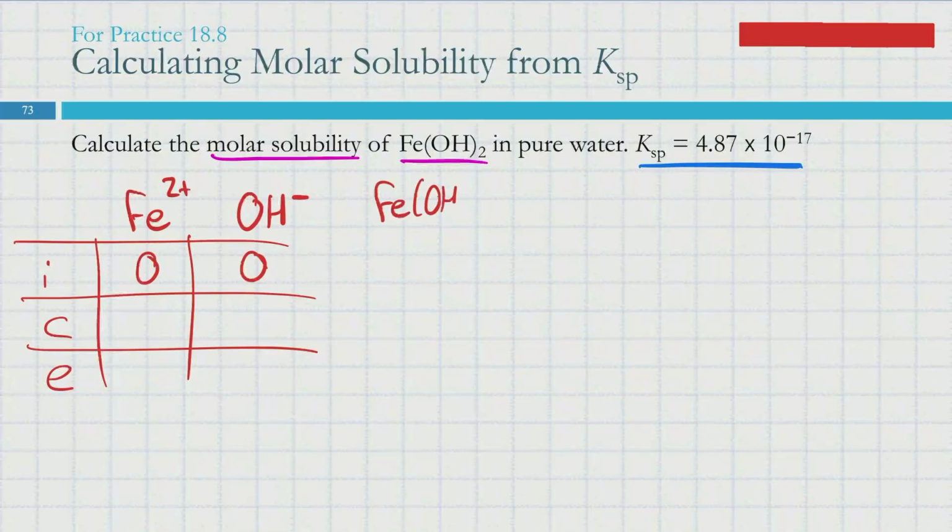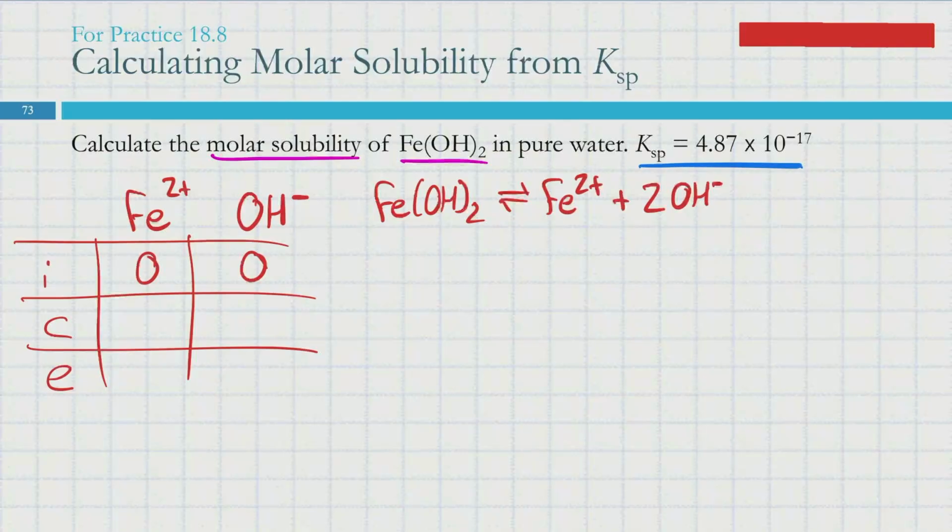Fe2+ and 2 OH-. You don't necessarily have to write this out if you can just see it in your head. Otherwise, writing out that expression, the ion dissociation equation, whatever, might be helpful.